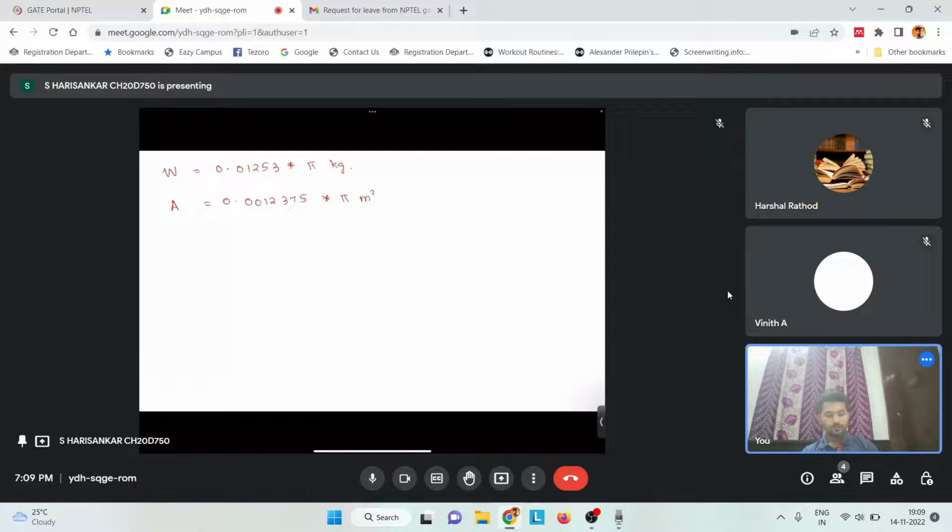So W by A will basically be the ratio of this, and if we divide these two, the pi and pi will get cancelled, and if we do the math here, we'll get W by A is equal to 10.125 kilogram per meter square.